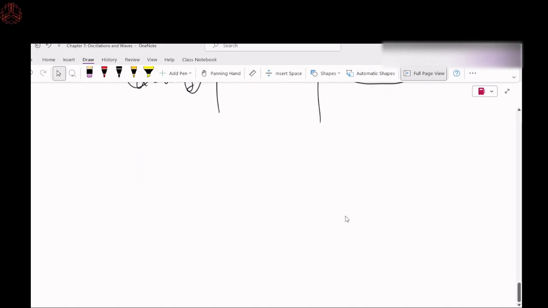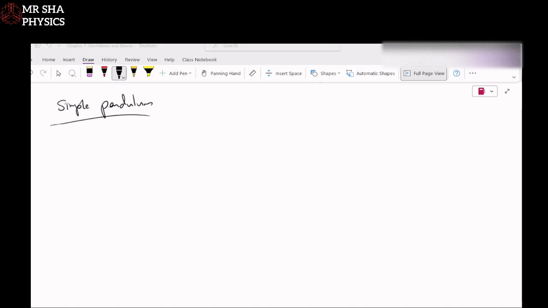Now it's a bit more difficult, but let us do that. The next part we want to do is for a simple pendulum. There's a diagram that I will have to draw, but let's assume that we have a pendulum. So here's the ceiling, here's my pendulum.